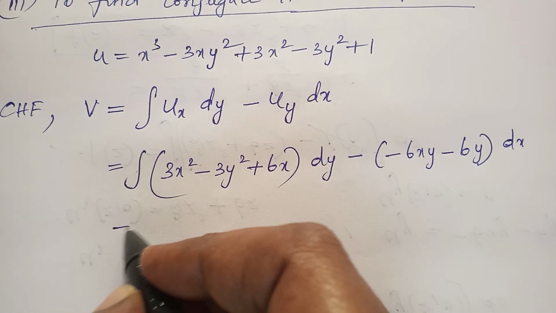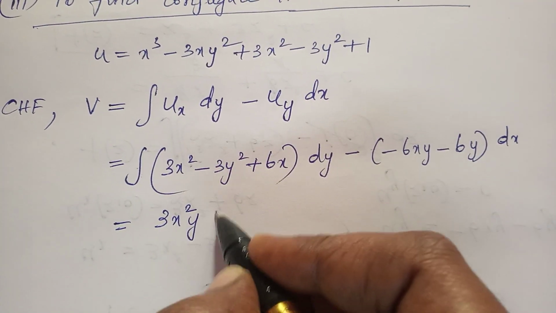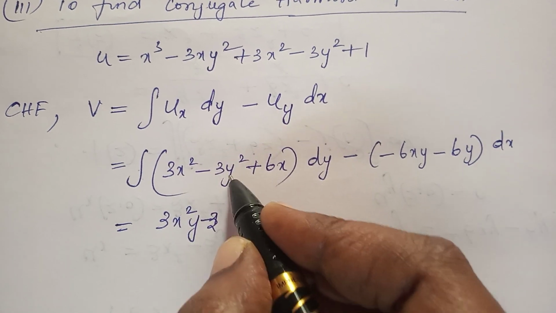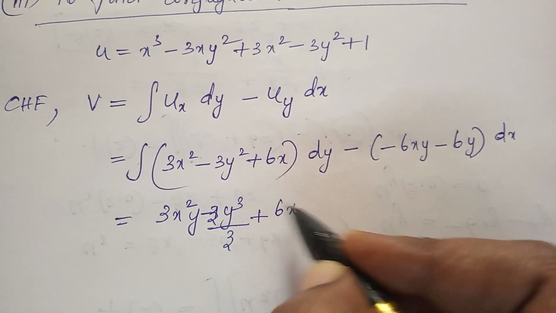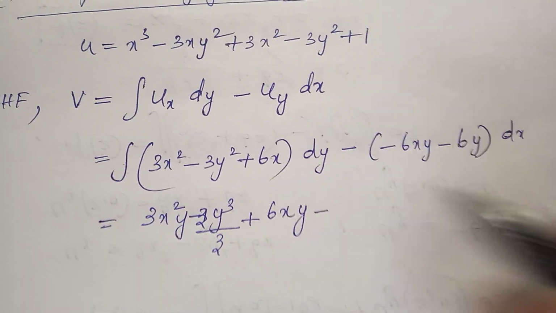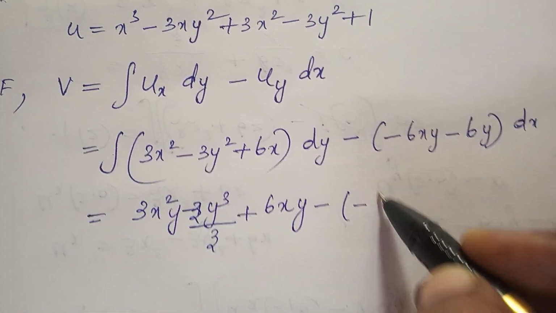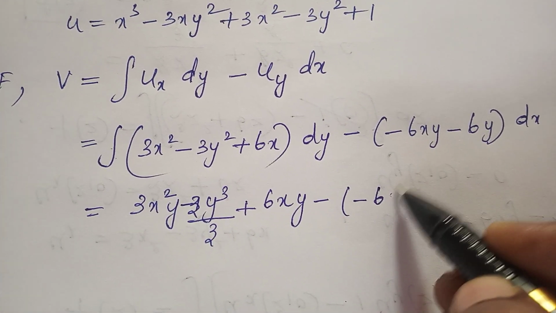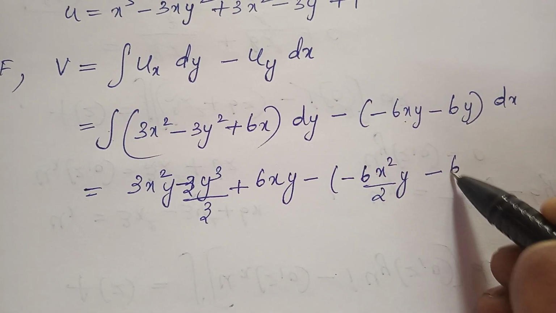Now we have to integrate this. So 3x square is constant, integral of dy is y, then minus 3y square, when you integrate it is y cube by 3, plus 6x constant, integral of dy is y, and then you have minus, here it's again minus 6x. When you integrate x, it's x square by 2 of y, minus 6y.